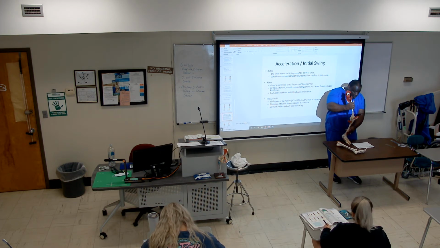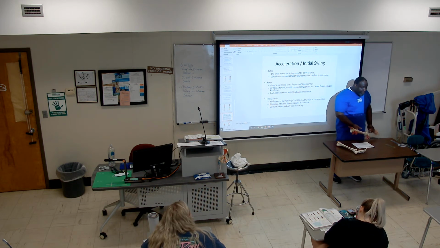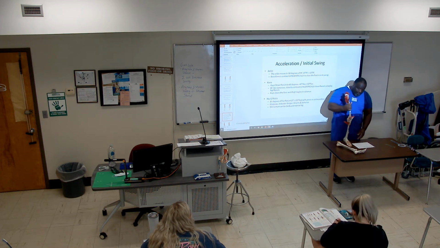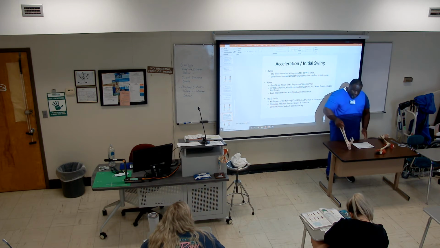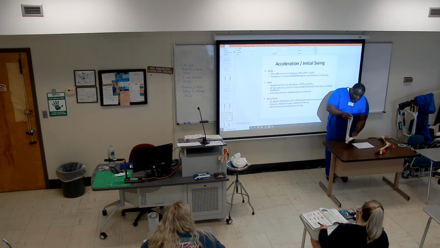Now, mid-swing, where my foot actually clears the ground, I'm going to move from any plantar flexion back into neutral. So instead of coming off in plantar flexion, my foot is going to come to neutral so that it can swing through.